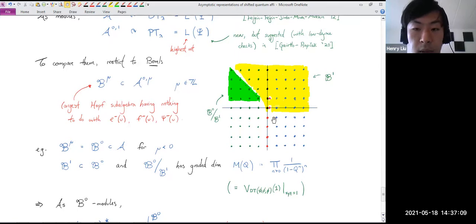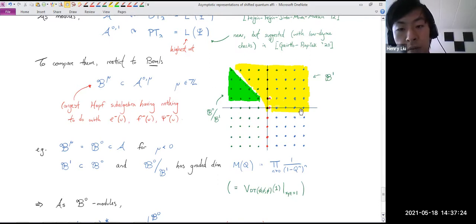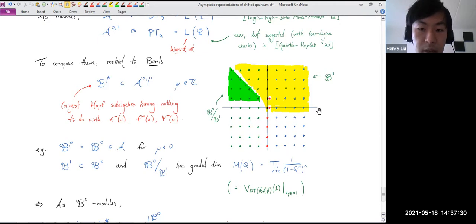And of course, all the red dots. So in the unshifted case, what's the quantum Borel? What's B0 shifted? It'll be the union of the region highlighted in green with the union of the region highlighted in yellow. And you should ignore this extra red dot. That will not exist in the unshifted case. So that region will be the quantum Borel in the unshifted case.